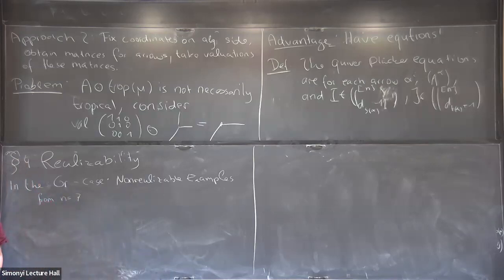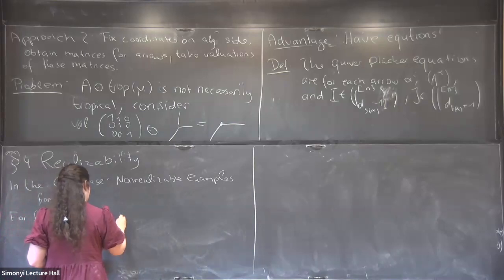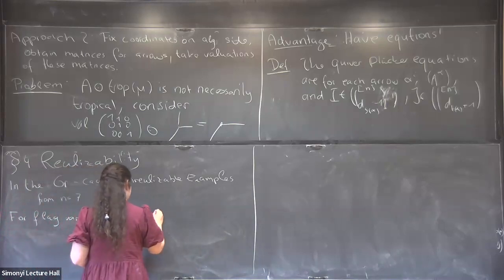And Chris, Maddie, and Leon proved that in the flag variety case, these examples already start to show up in ambient dimension 6. For flag varieties, n equals 6 already suffices.